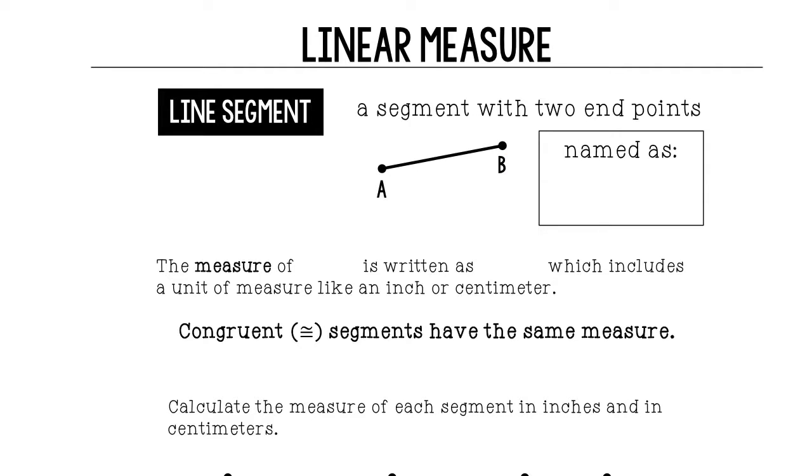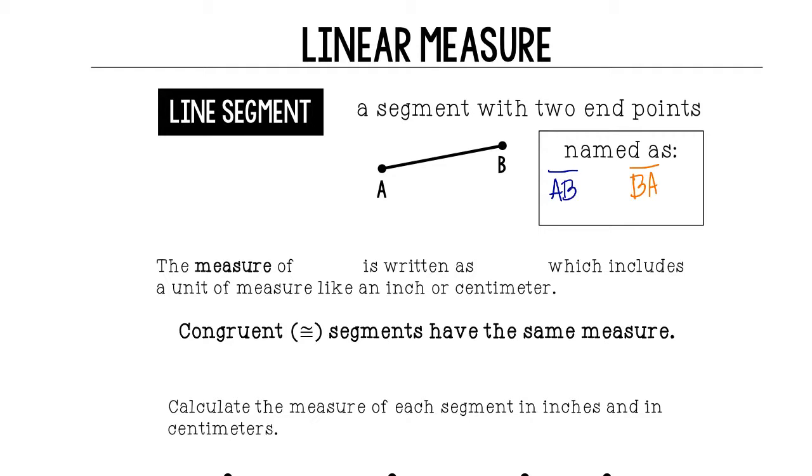If we want to write a line segment or name it, we're going to name it as line AB with a bar over the top, or line BA with a bar over the top. The order of the letters does not matter.